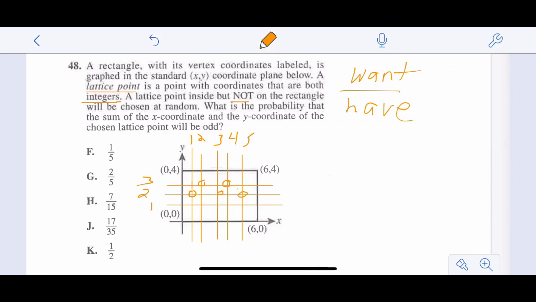And then we have 1 plus 2 and 1 plus 4. So total we have 1, 2, 3, 4, 5, 6, 7 over, let's see, 1, 2, 3, 4, 5, 1, 2, 3 over 15 points. So 7 over 15. So our answer is H.